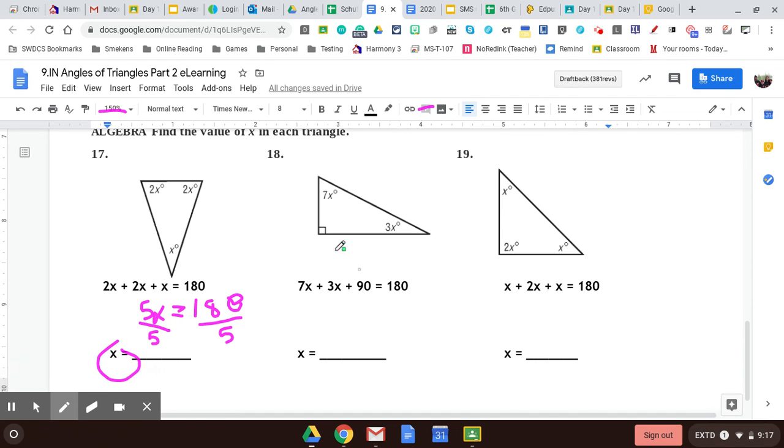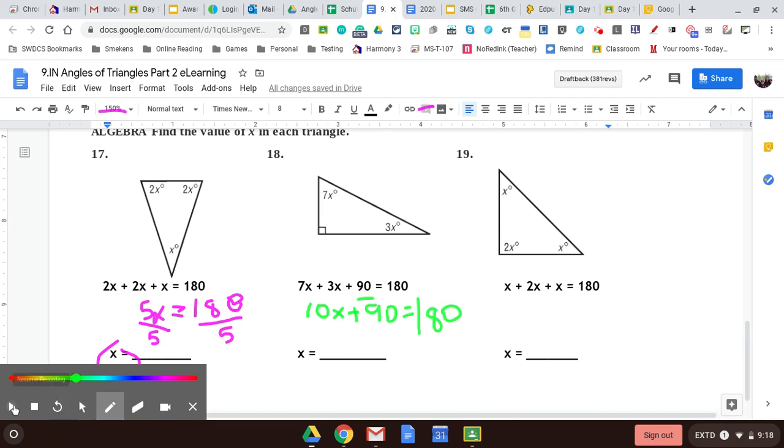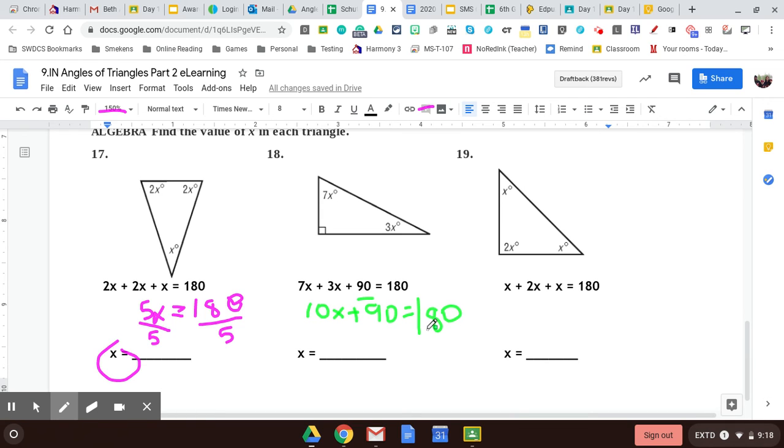Number 18, I have a little corner here, so that's how I got my 90. So I have 7x plus 3x plus 90 equals 180. I have to combine my x's, so I'm going to have 10x plus 90 equals 180. Sorry, my handwriting is terrible there. I'm going to have to subtract 90 first from each side.